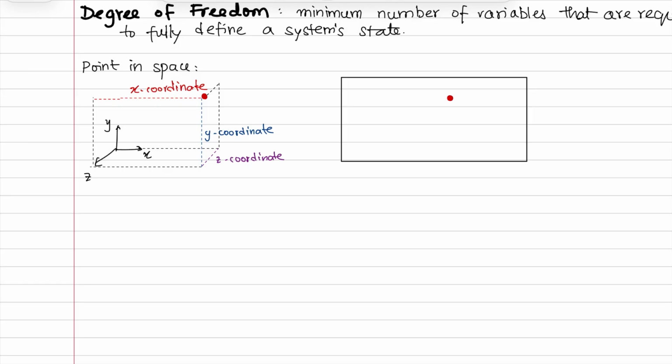So in this case, let's say the reference frame is at this corner of the whiteboard or blackboard, and let's say this is X and this is Y. You then need the distance from the X axis, that is the Y coordinate, and the distance from the Y axis, that is the X coordinate.